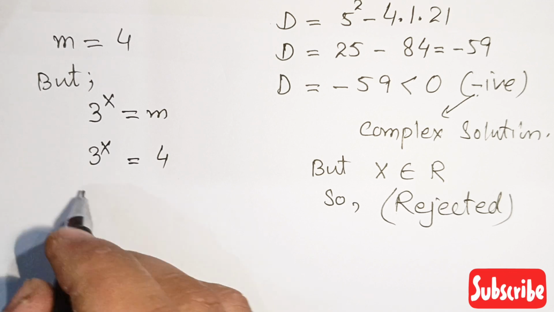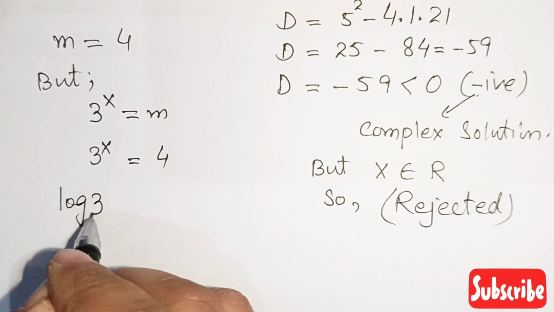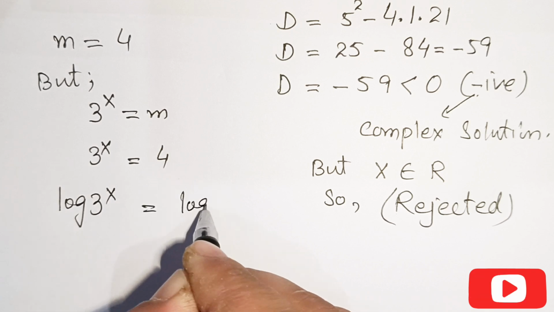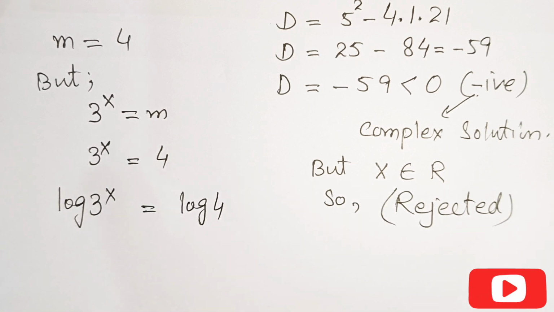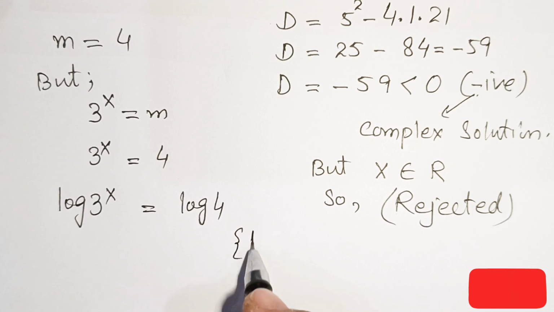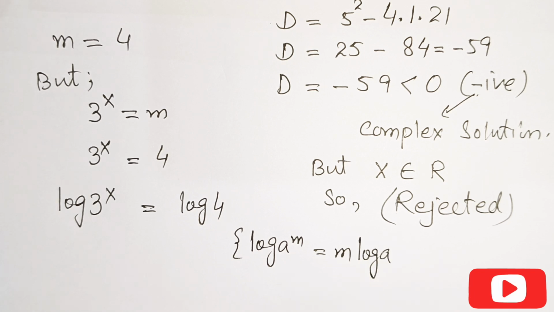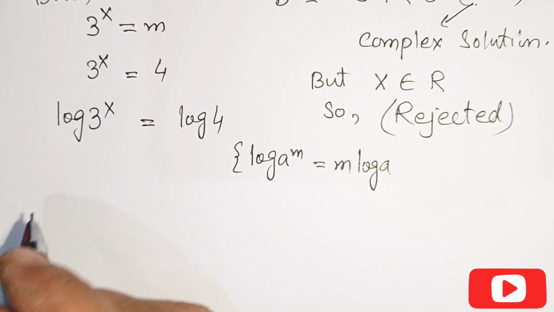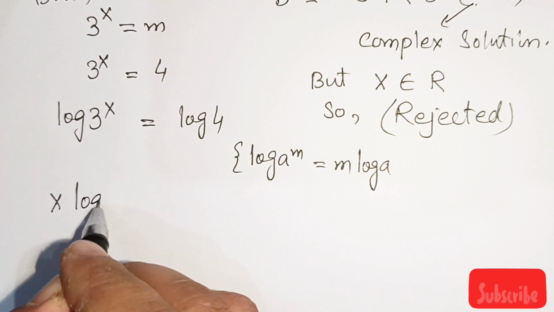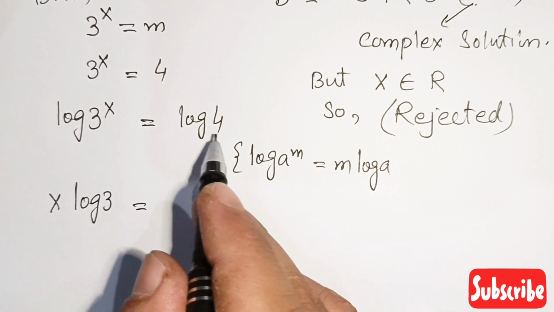Now taking log on both sides, we get log 3 to the power x is equal to log 4. Now applying the logarithm law, as we know that log a to the power m is equal to m log a, we have x log 3 is equal to log 4.